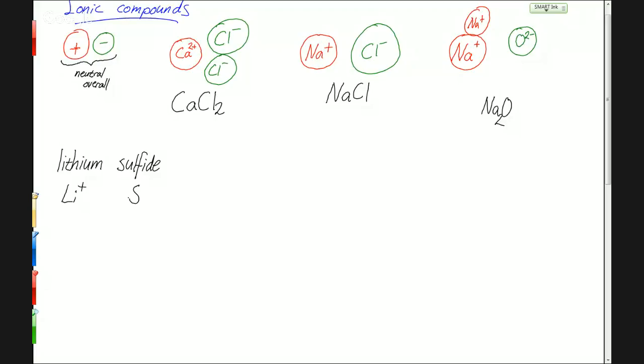Yeah, so for any element, there's always 2 choices. You can add electrons or you can take electrons away. There are 6 valence electrons in sulfur, so we can take all those electrons away and make it plus 6, or we can add 2 to make it minus 2. What's probably more likely? Minus 2, right. So we're going to make the sulfide ion 2 minus.